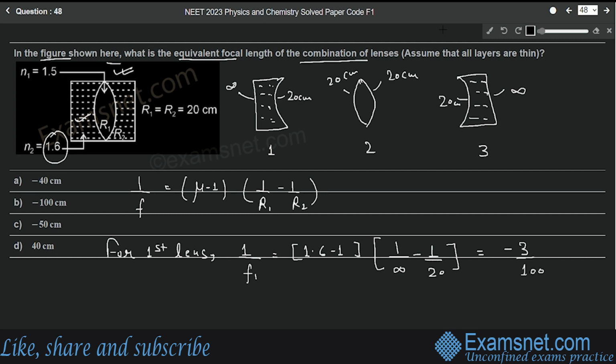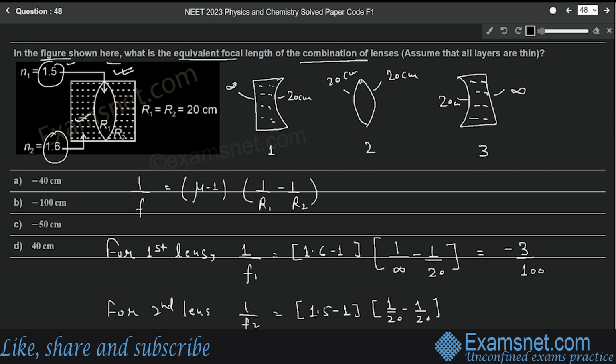Now for the second lens, that is a convex lens, 1 by f2 will be equal to, what is the refractive index of the second lens? It is 1.5. So 1.5 minus 1 into 1 by 20 minus 1 by 20, because for the convex lens both the radii are the same, that is 20 centimeter.